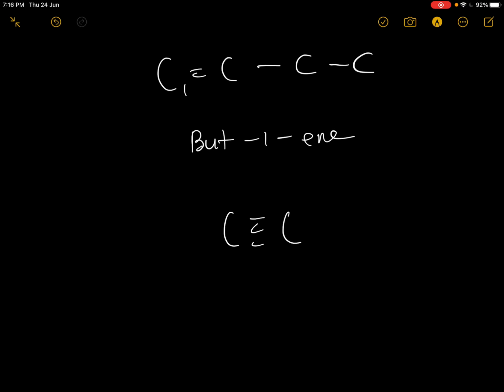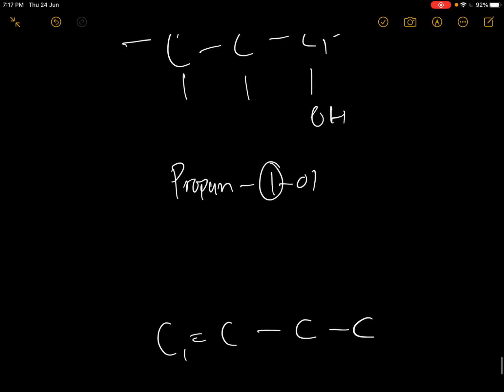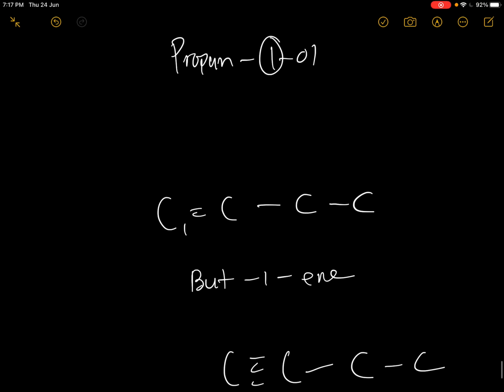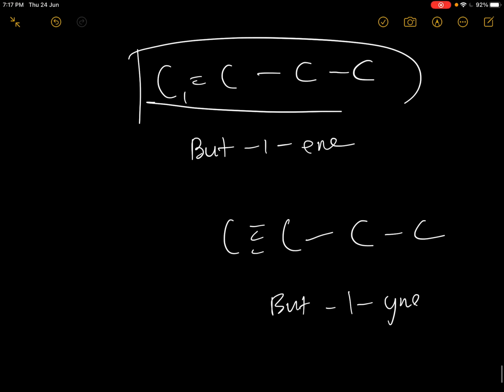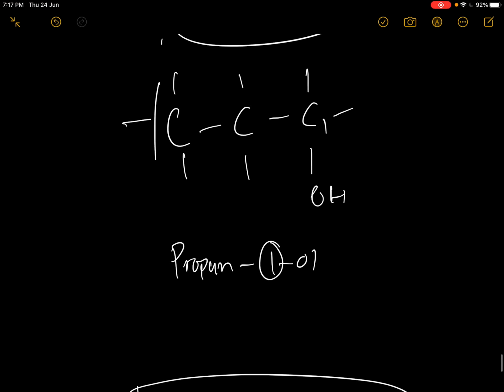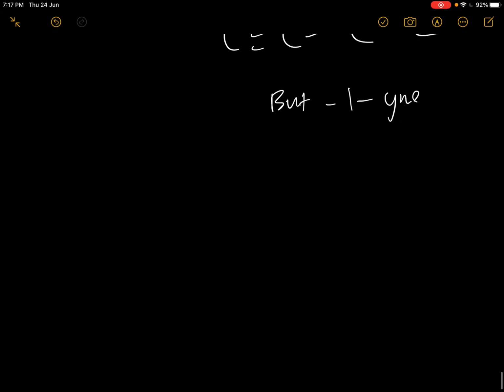Or if it's C triple bond C, then it's but-1-yne. Now, this only applies for alkene and alkyne after butene and butane. For alcohol, it starts at propanol.